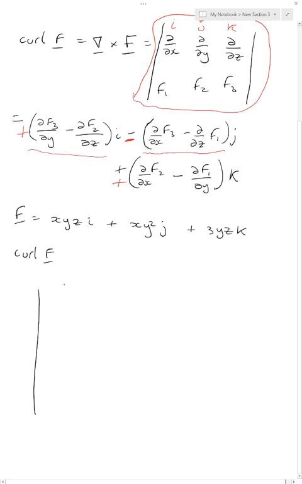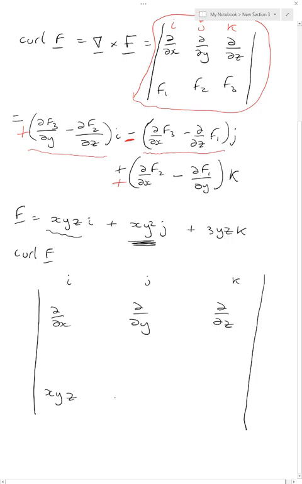So i, j, and k, then del/del x, del/del y, and del/del z. And now f1, f2, and f3 across the bottom. f1 is just the coefficient of i, so that would be xyz, then the coefficient of j is xy squared, and finally the coefficient of k, 3yz.